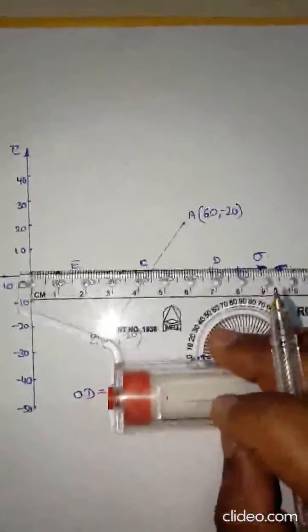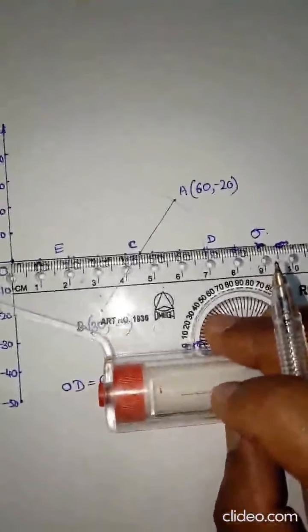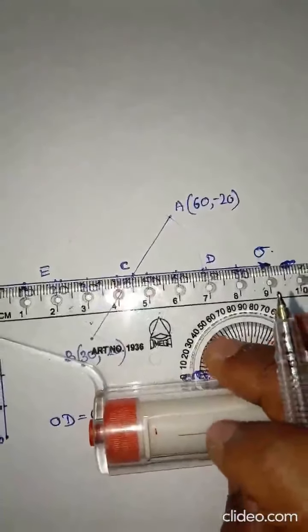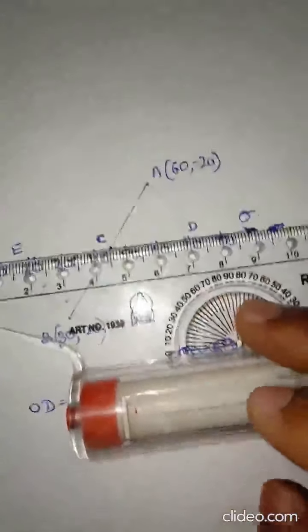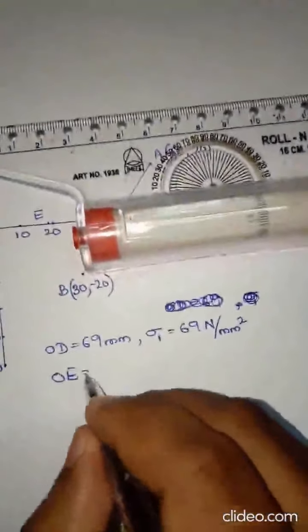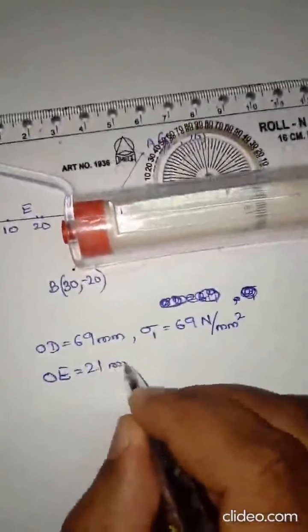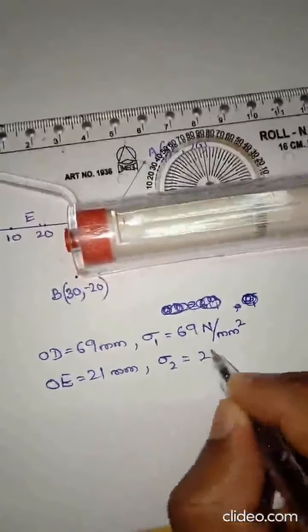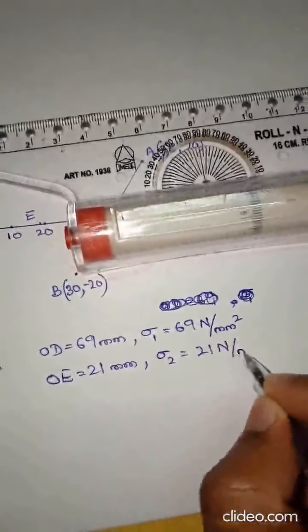Similarly, we will measure OE, and OE is about 21, so OE is equal to 21 mm. This is sigma 2, which is equal to 21 Newton per mm square.